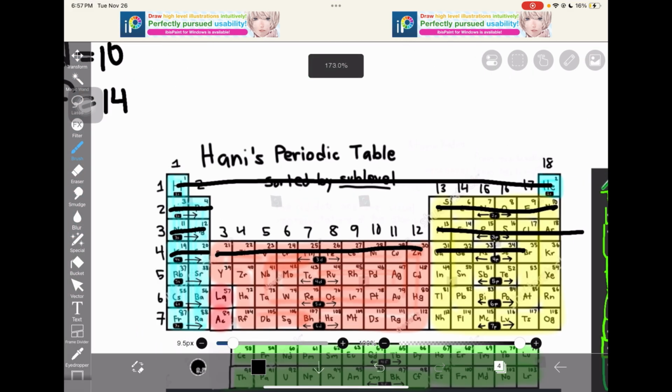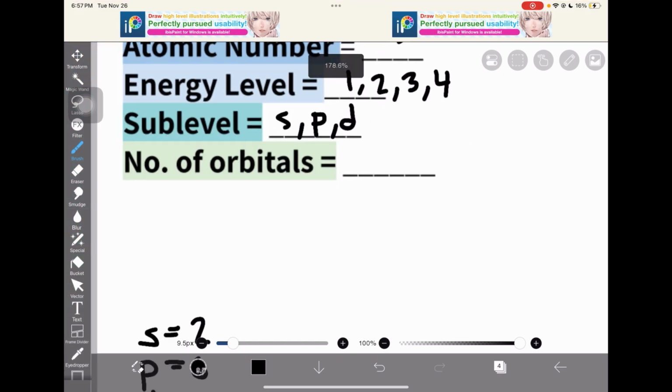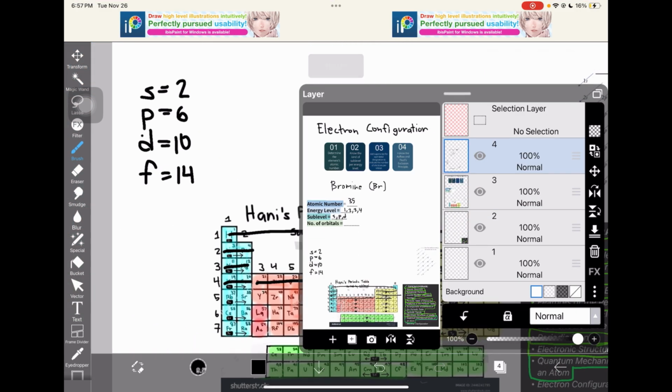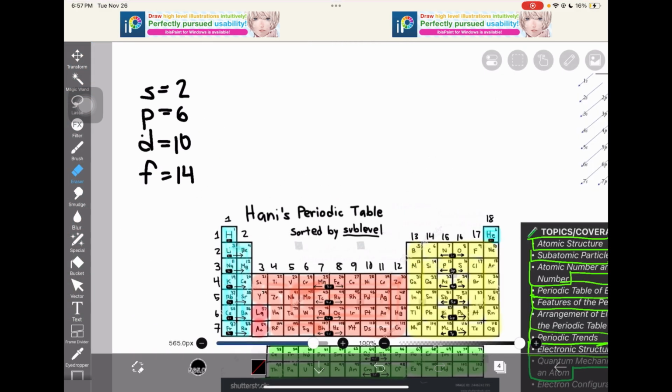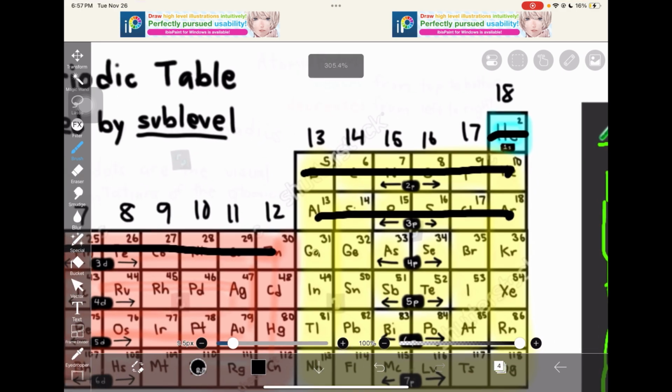Now, number of orbitals. This is gonna get tricky. So, I'm not gonna say them all out anymore. Anyway, so 1s for these two, that makes 1. 2s, 2p, 3s, 3p, 4s, 3d, and finally 4p.